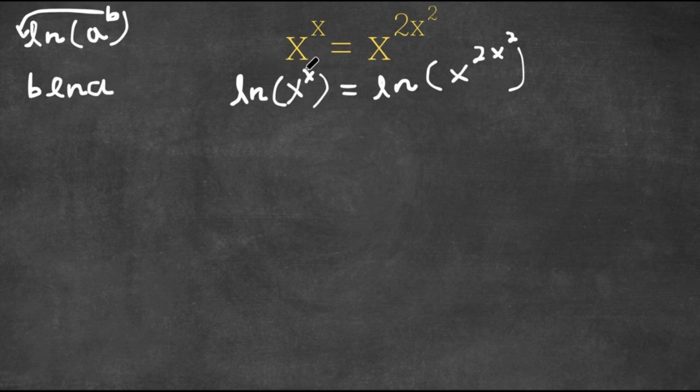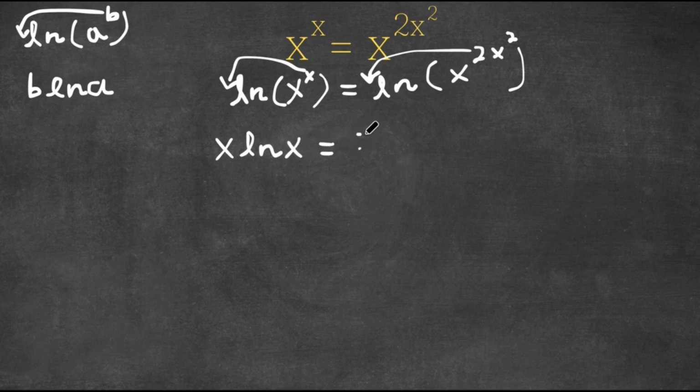I'm going to move the exponent, which in this case is x, and 2x squared to the front of the logarithm. So now we have x times ln x is equal to 2x squared times ln x.